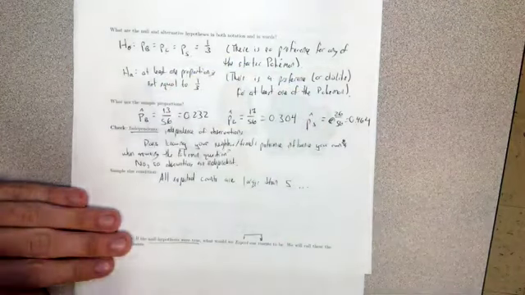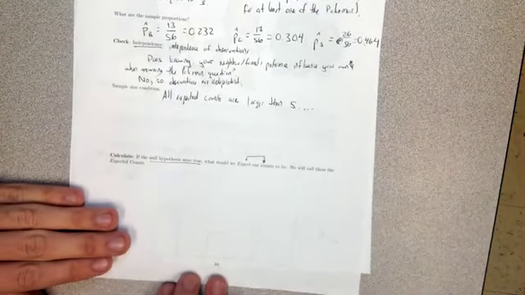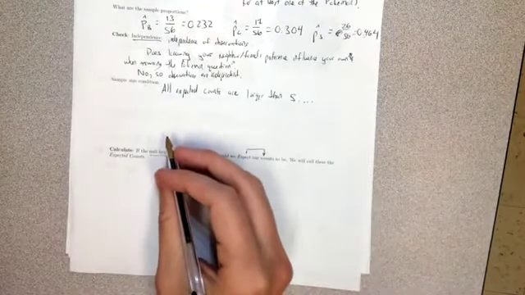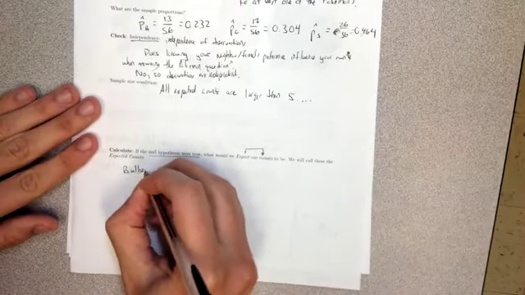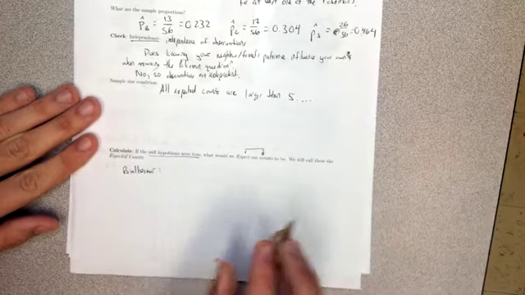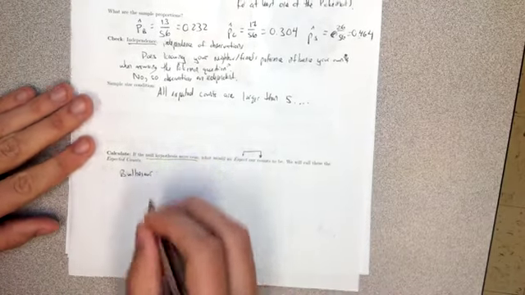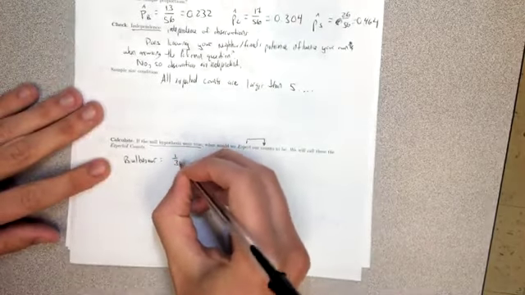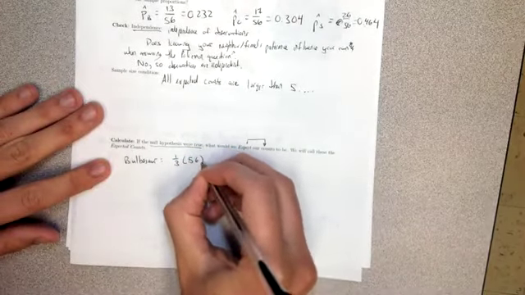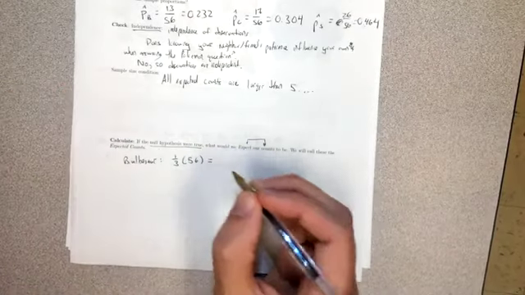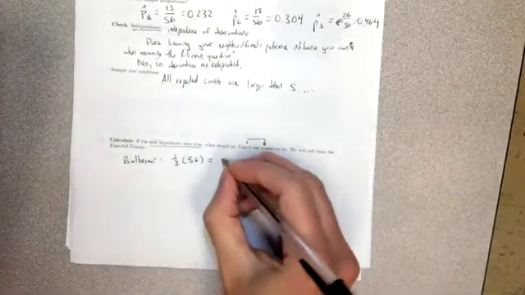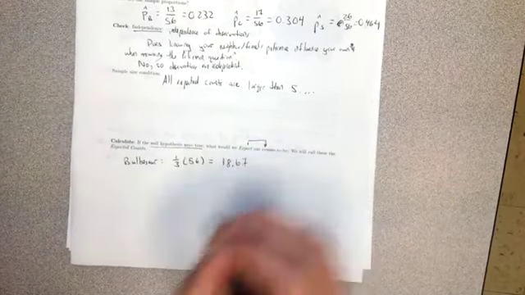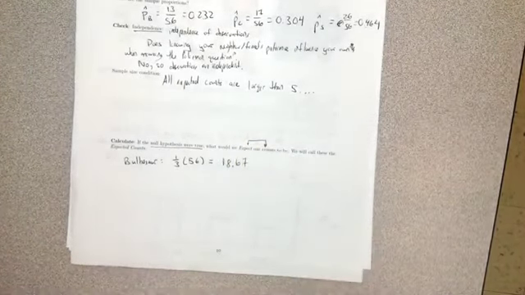What would we expect the count of people who prefer Squirtle to be? And so we could just figure this out. For Bulbasaur, if the true proportion was a third, then we would expect out of 56 people, we would expect 18.67 of them to prefer Bulbasaur.